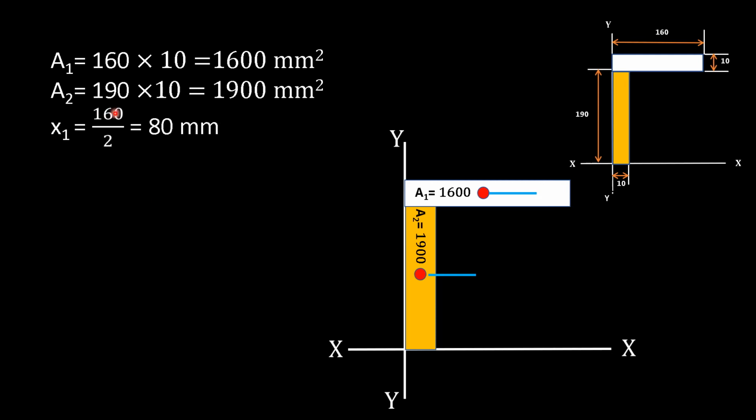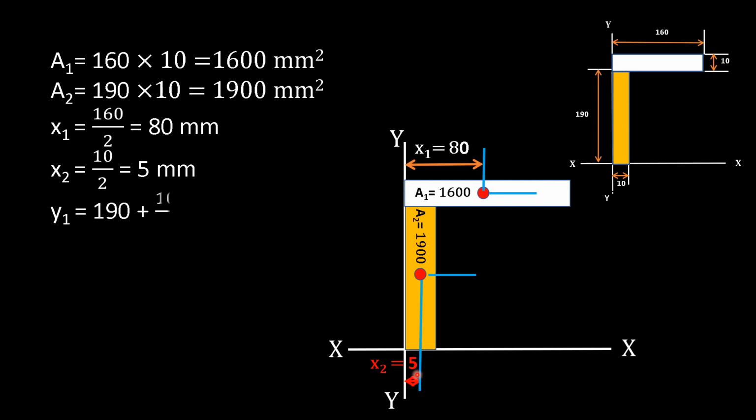X1 is 160 divided by 2, which is 80 mm. X2 is 10 divided by 2, which is 5.